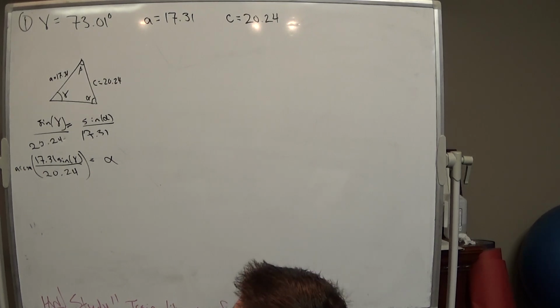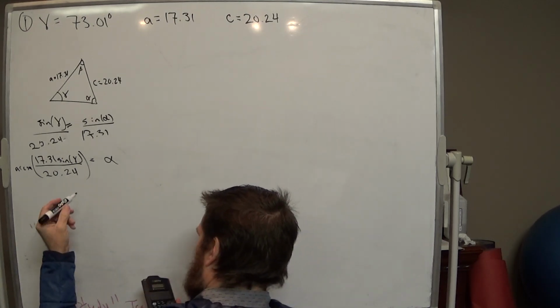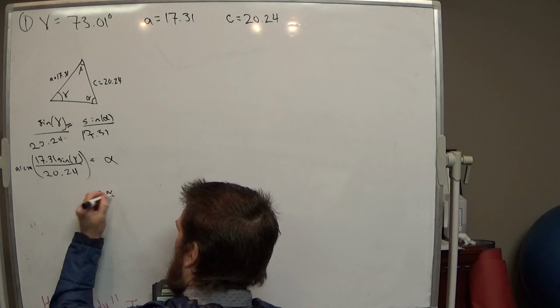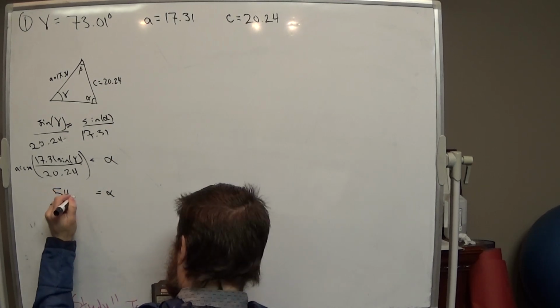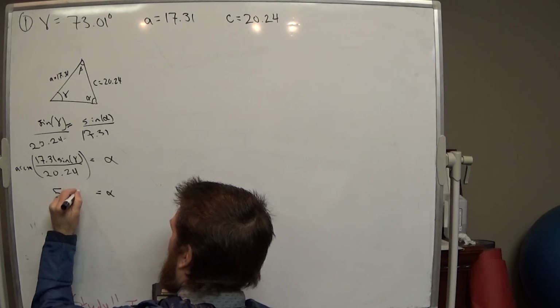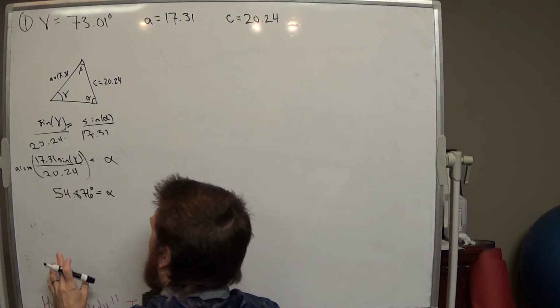Now divide by 20.24 in parentheses, and I get that alpha is equal to, did you get it? I got 54.87. That's what I get. Good. 54 point, I'm going to go 876. But it doesn't really matter.